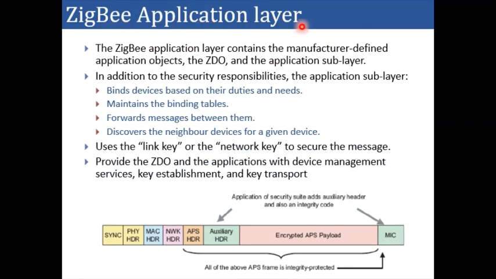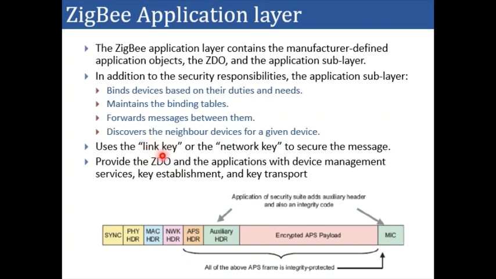The ZigBee application layer contains the manufacturer-defined application objects, the ZDO, that is the ZigBee device object, and the application sublayer. In addition to the security responsibilities, the application sublayer will also bind the devices based on their duties and needs, maintain the binding tables, forward the messages between those devices, and discover the neighboring devices for a given device.